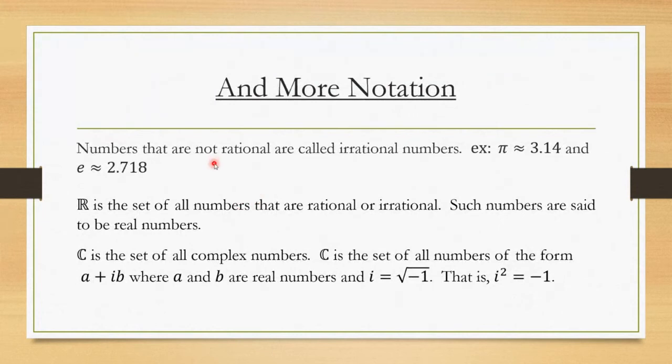And there are many numbers that are irrational. If you remember the formula for the area of a circle or the circumference of a circle, there's that pi in there, right? Pi represents actually a number. The number it represents is irrational. I'm not sure if you know about the number that e represents.